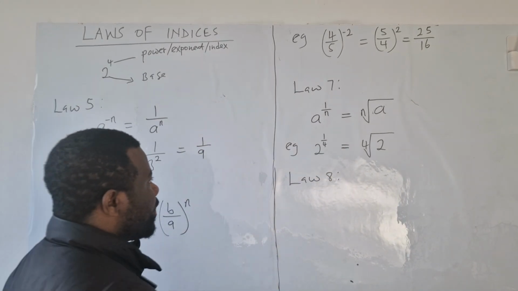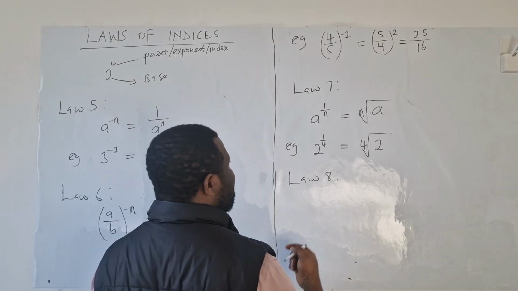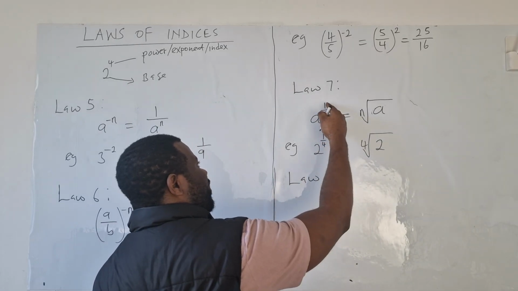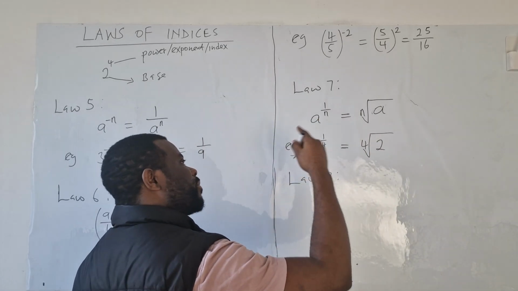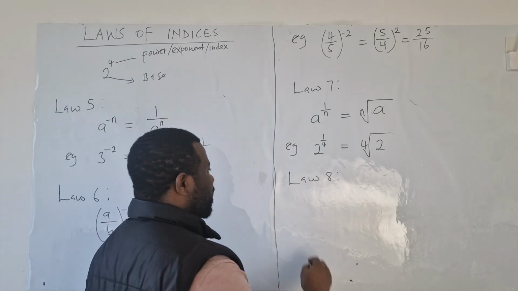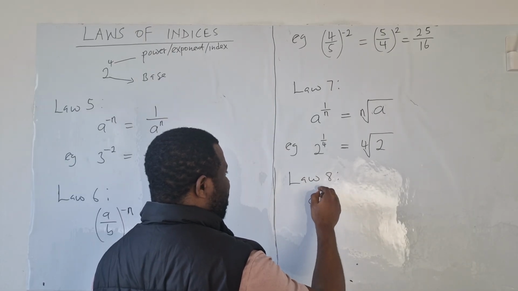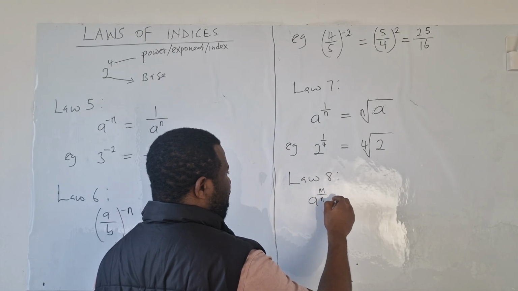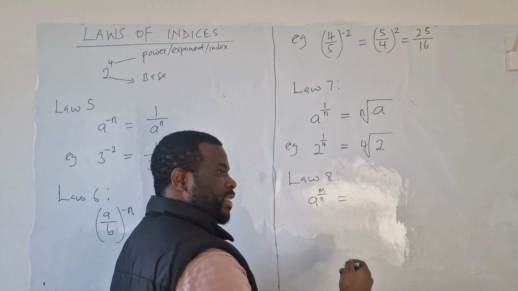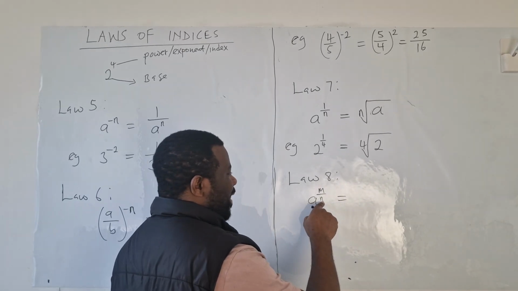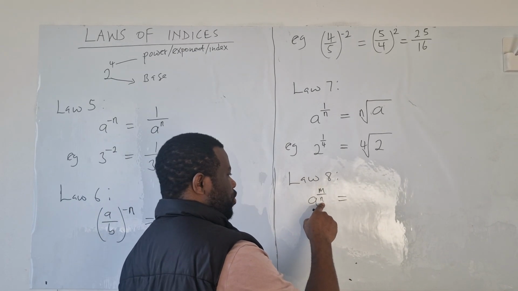Good. Let's look at law 8. Law 8 is also another fractional power. This time around, the numerator of the fraction is not 1. It's a number other than 1. So let's say I have a raised to the power m on n. This can be written as the nth root.